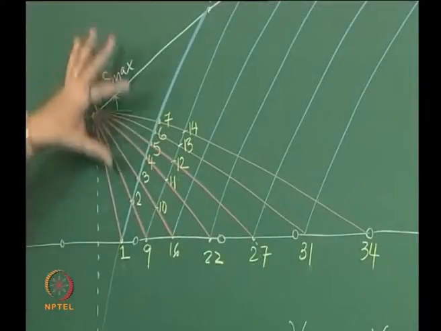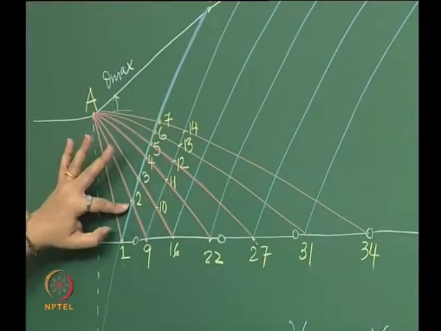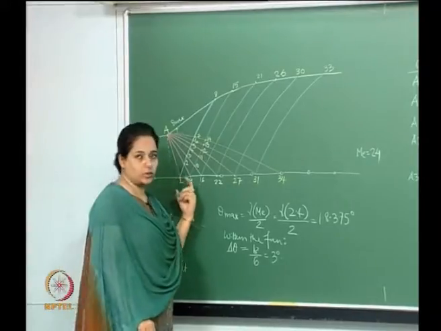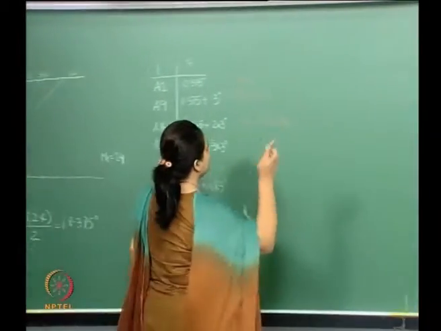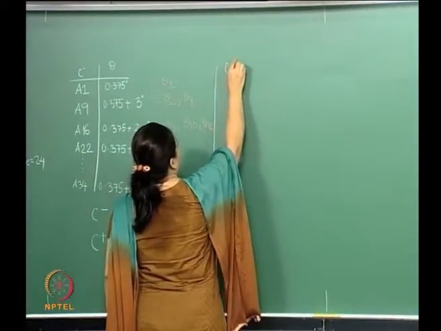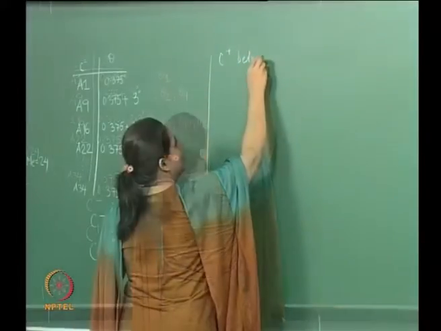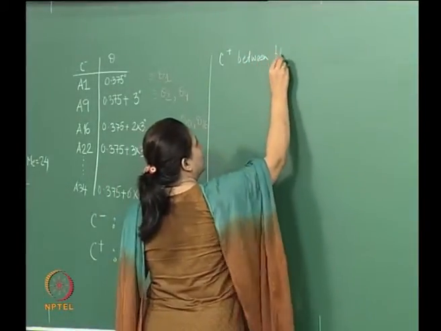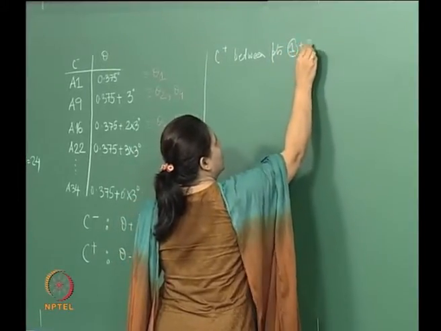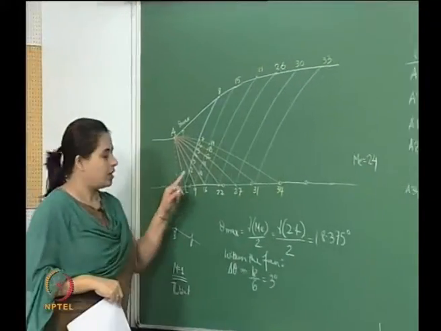So basically now on this right running characteristic we will consider points 1 and 2, and apply the compatibility equation between these 2 points. So the right running characteristics between points 1 and 2, yeah.